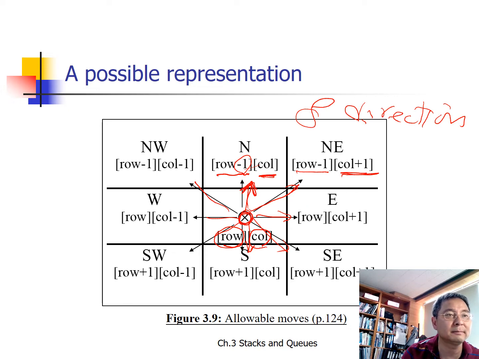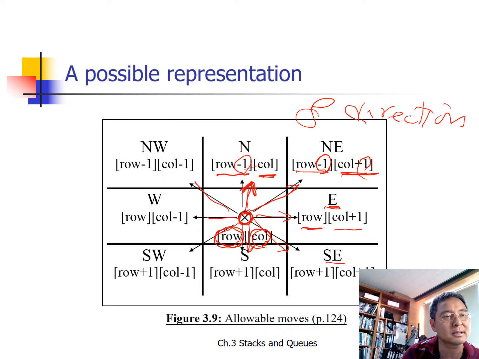So you must be careful, focus on these values. Current location is row, col, but if we go to northeast, we must change the row and column values. And the east direction means that the row value is not changed, but the column value is increased by 1.